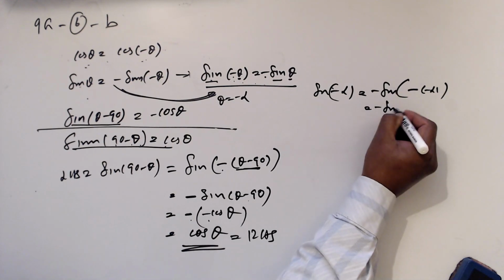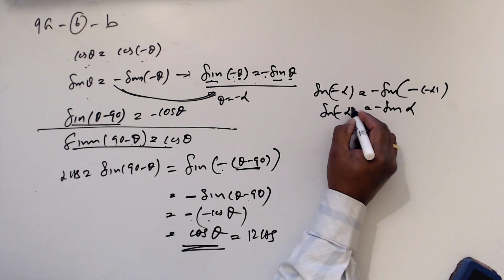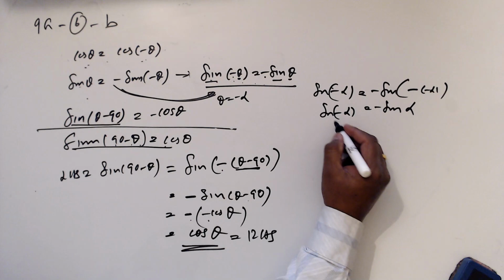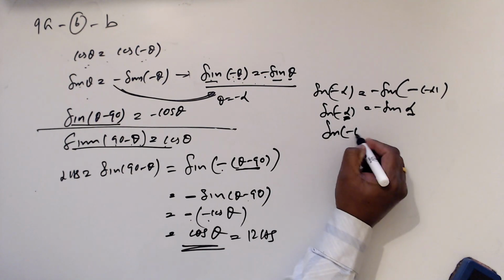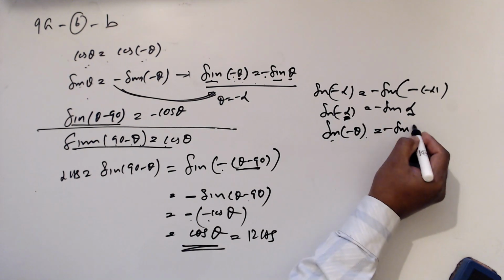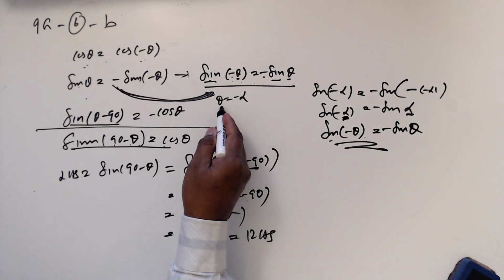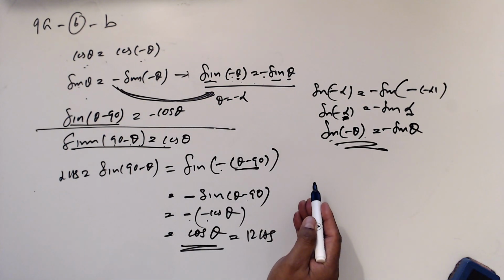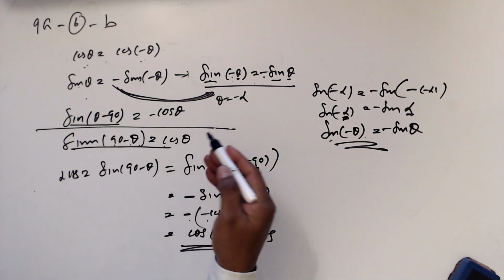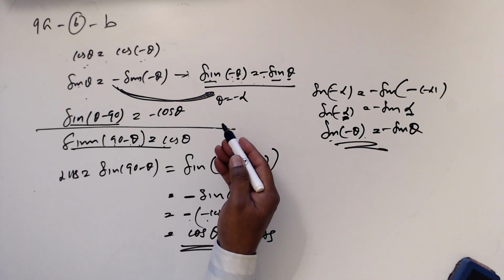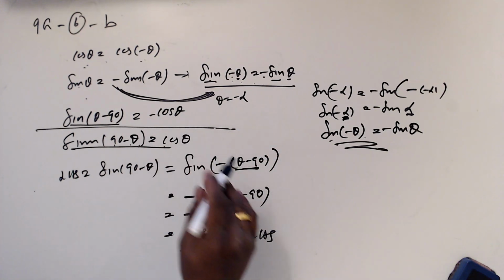Minus times minus gives plus. This is alpha, let me write it in theta: sine minus theta equals minus sine theta. So I proved from here to here by using a simple substitution. I know this is a simple substitution, but you should have good experience. You have to practice this type of sums.